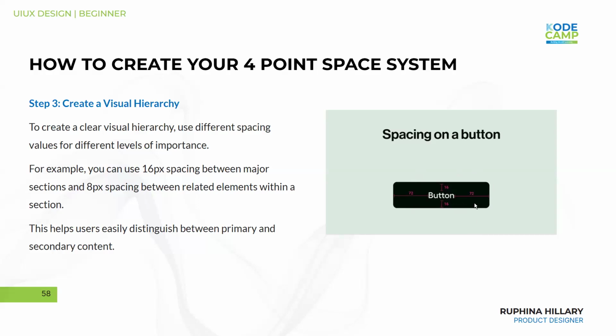Remember, padding is the space inside an element. The margin is outside the element. So the margin of this button is the space between this button and the end of this picture here.